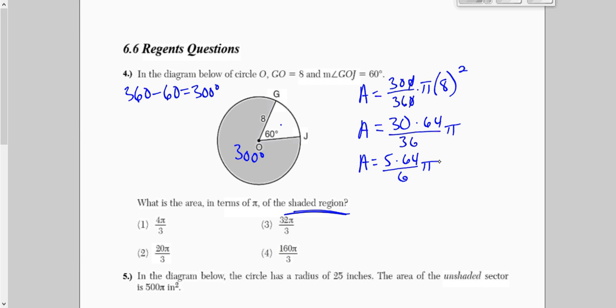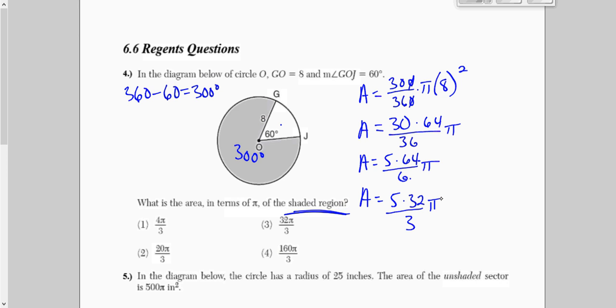And we can reduce, let's see, 64 over 6, we can make that 32 over 3, can't we? So area will be 5 times 32 over 3 pi, dividing 64 and 6 in half.